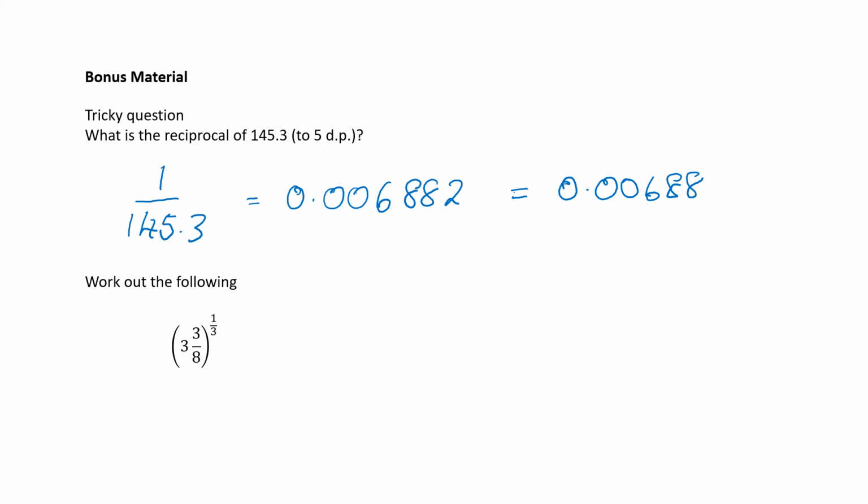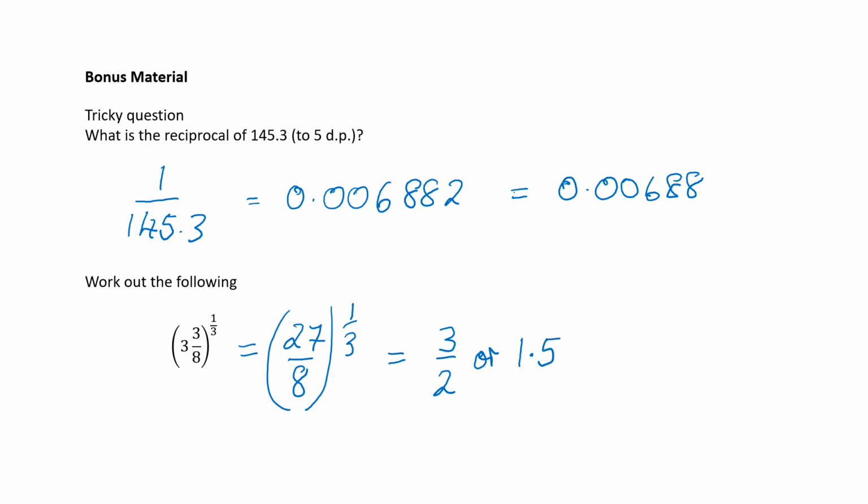I would tend to write it not as 3 3/8, but I would tend to write it as 27 over 8 to the power of 1/3. And if you work that out, your calculator will either give you 3 over 2 or 1.5. If your calculator gives you the fraction 3 over 2, leave it as 3 over 2. If your calculator gives you 1.5, then leave it as 1.5. Do not mess about with an answer.